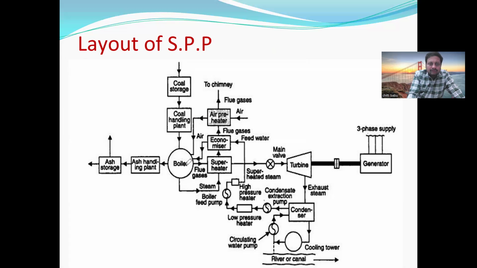You may observe this circuit diagram. The flue gases will be passing through the superheater, then through the economizer and air preheater and the chimney, and then go to the atmosphere.